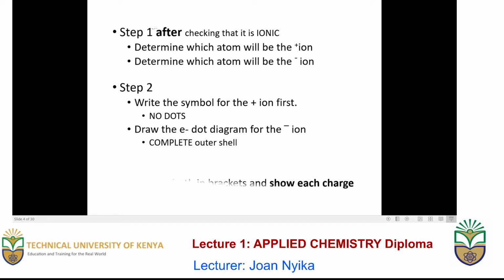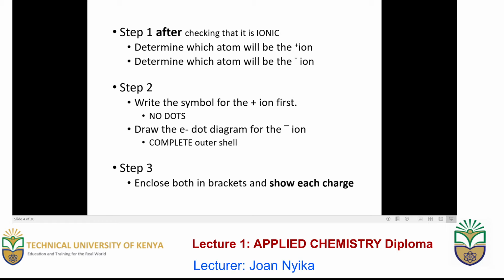The procedure to get there requires 3 steps. Number 1 is that after checking that it is ionic, that is, it has a metal, you need to determine which atom will have a positive charge and which one will have a negative charge in the case of ionic compounds. That is the first step.